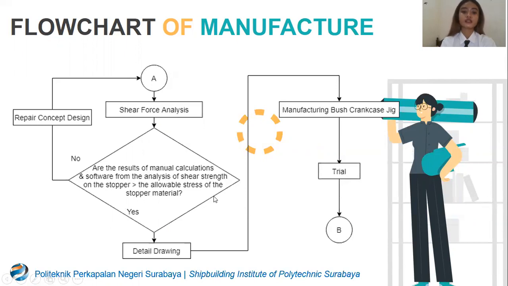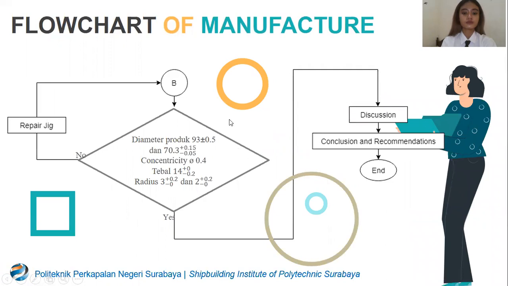After making a detailed drawing, we manufacture the bus crankcase jig and do a trial. After that, if the jig matches the criteria like this, I discuss the conclusion and recommendation. If not, the jig requires repair, and then finish.